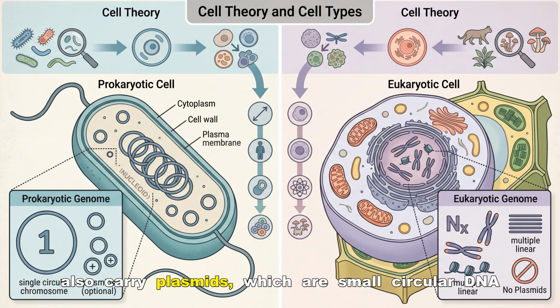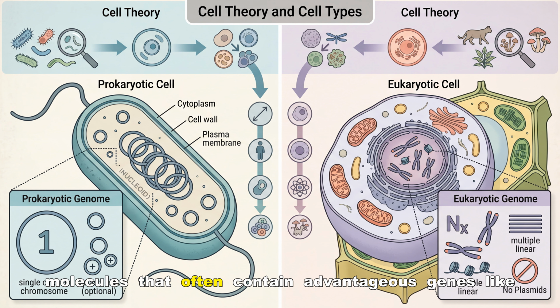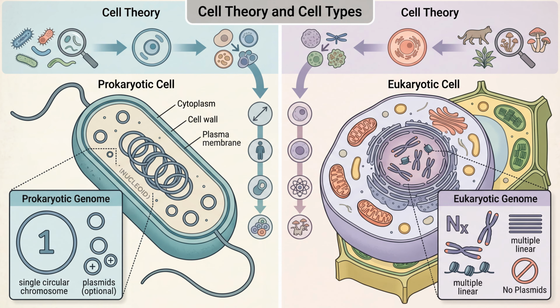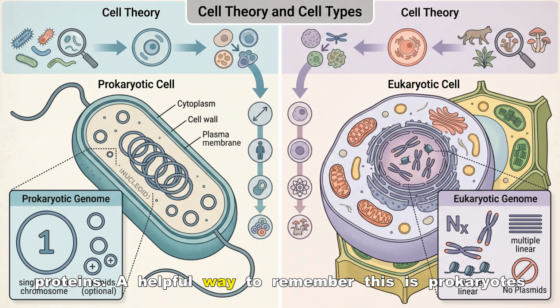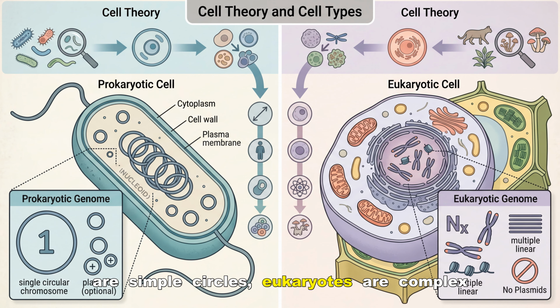They can also carry plasmids, which are small circular DNA molecules that often contain advantageous genes like antibiotic resistance. In contrast, eukaryotic cells store DNA in a membrane-bound nucleus, organized into multiple linear chromosomes wrapped around histone proteins. A helpful way to remember this is prokaryotes are simple circles, eukaryotes are complex lines.